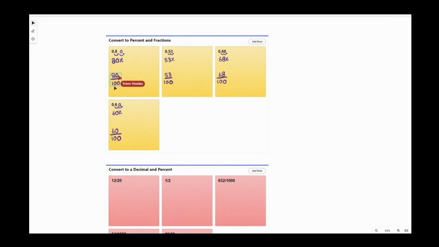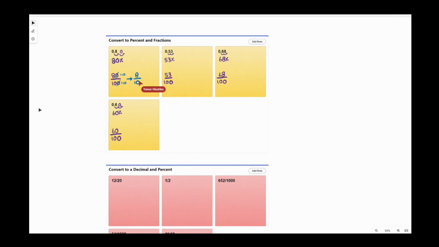If I have a 0 here, I can cancel that one out and cancel that out on the bottom as well, because that's what dividing by 10 does. Divide by 10, which means that 8 over 10 is an equivalent fraction.